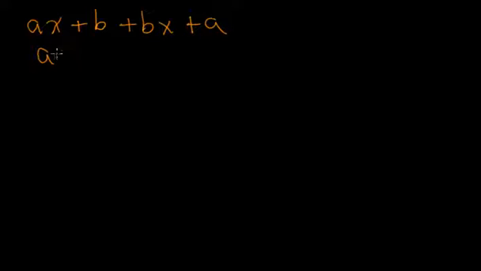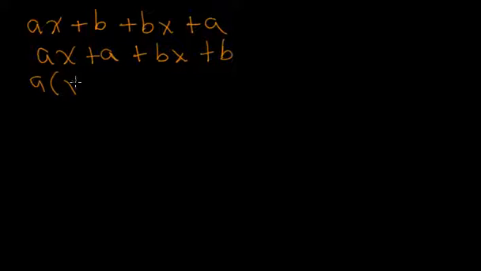So I'm going to put everything that has an a up front, and everything that has a b out back, and then I'll factor by grouping. I arrange terms together, and I'll pull the a out front, and here I'll pull the b out front.